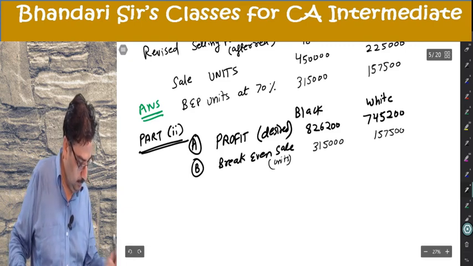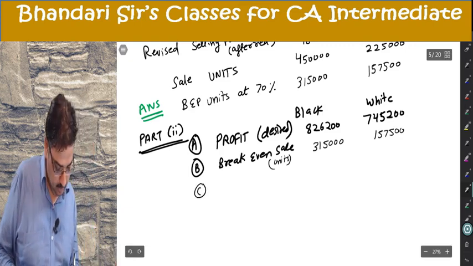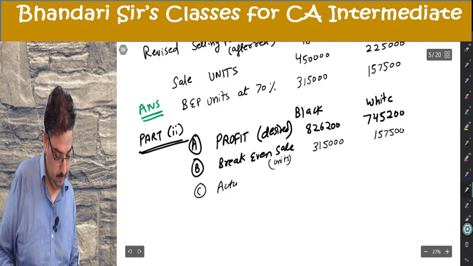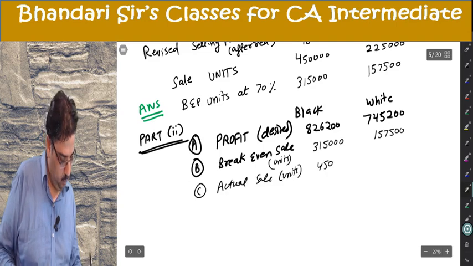Now C point, actual sale: 4,50,000, 2,25,000.